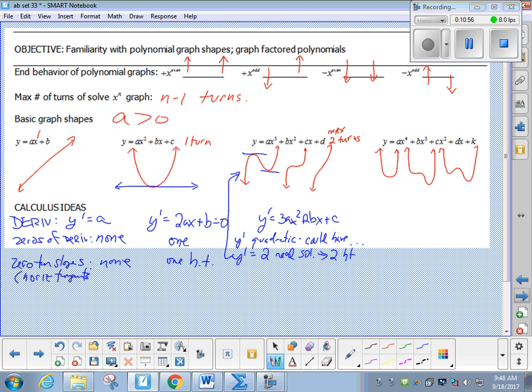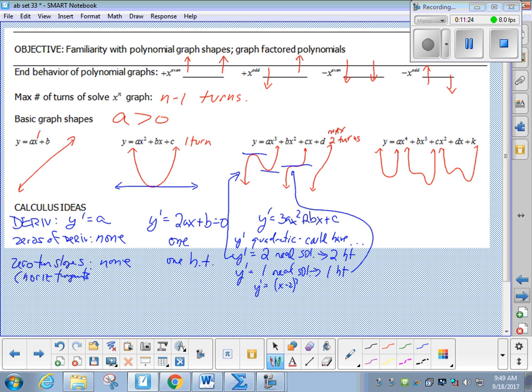However, a quadratic could have one real solution. For example, if you had something like y prime is x minus 2 squared, how many things make that 0? 1, okay. Now if it has one real solution, there's only one horizontal tangent. Which of those graphs would that case be? That's that one.